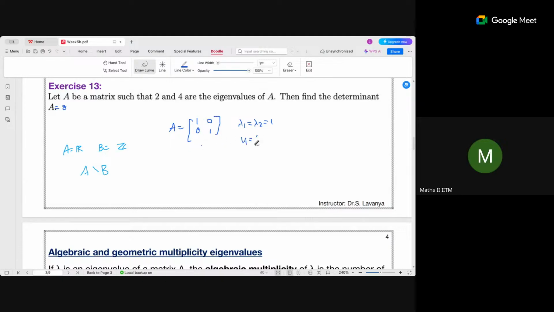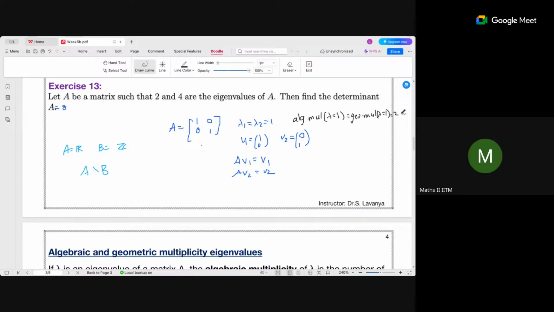So v1 I can take (1, 0). This is a random choice; you can take any two linearly independent vectors. So you can see that A v1 equals v1 and A v2 equals v2, right? They are linearly independent. So in this case the algebraic multiplicity of lambda equal to 1 is the same as the geometric multiplicity, which is 2.